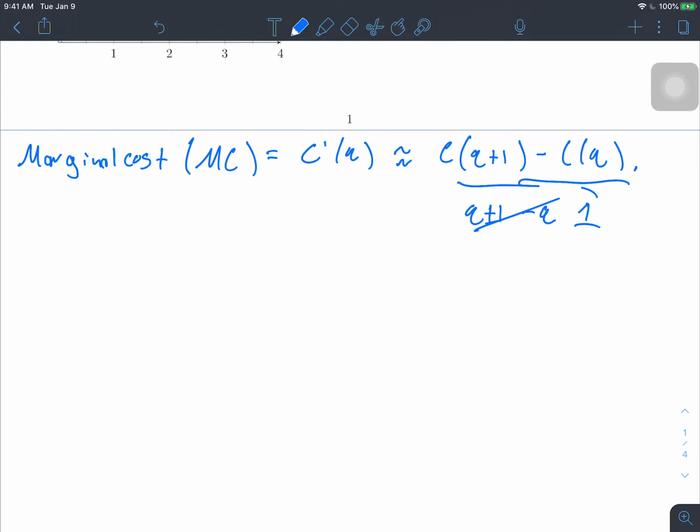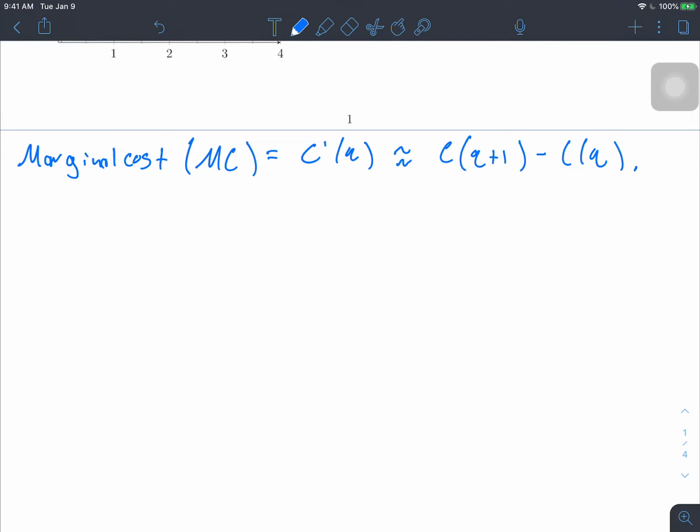So usually when we have a fraction over 1, we just don't write the denominator, because we know if we divide something by 1, we just get back what we originally had. So we're not going to worry about this denominator. But I want you guys to see the connection here, that this thing here highlighted in red is like the slope of the direct path between the points Q comma C of Q and Q plus 1 comma C of Q plus 1. Okay? That's what that is.